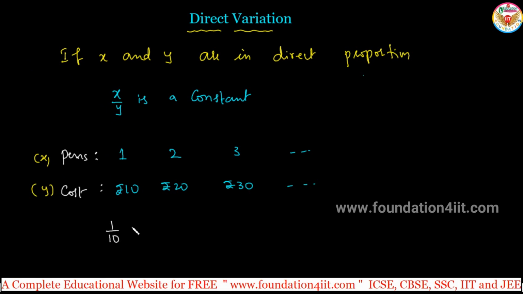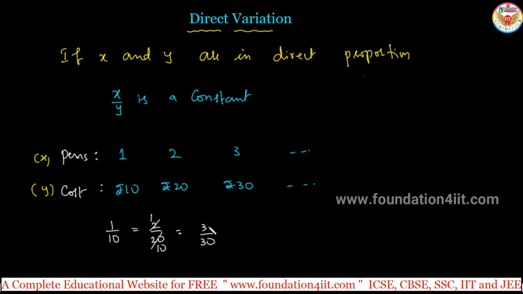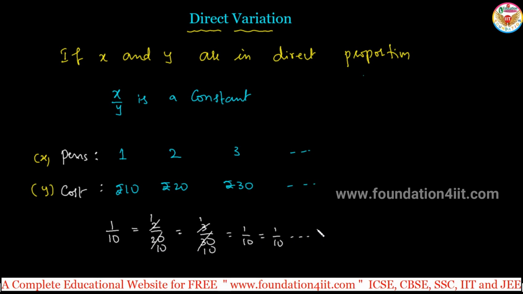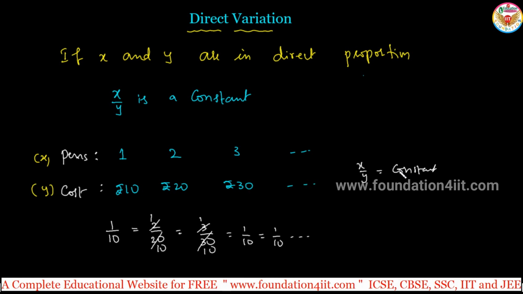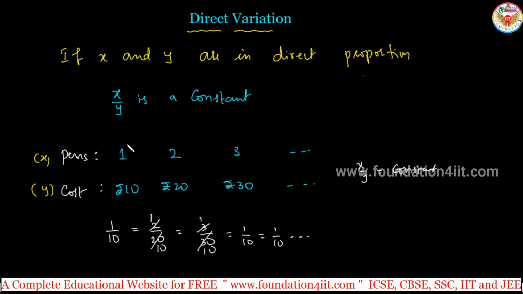So 1 by 10 is exactly equal to 2 by 20. You can cancel, 2 ones are 2, 10. So 1 by 10. And 3 by 30, 1 by 10. Same. All the quantities will be equal. So x divided by y is equal to a constant. It does not change. It is the same every time. Based on this, we can conclude that if x1, x2, x3, and so on are different values of x and y1, y2, y3 are the corresponding values of y, then x1 by y1 is equal to x2 by y2 is equal to x3 by y3, the same.